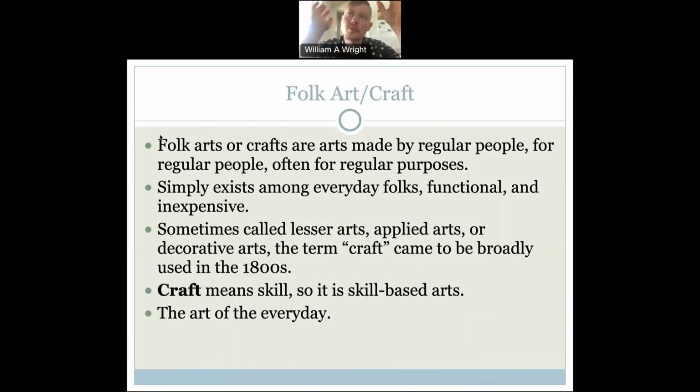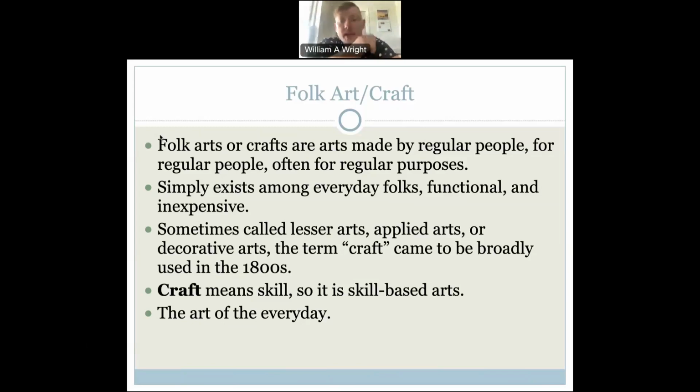It is often ingenious, but it's more to fulfill some sort of function than to tap into your heart or your feelings or communicate some broader thing. Sometimes it does do that, but it also has this underlying quality of being for some everyday place or made by some everyday person.